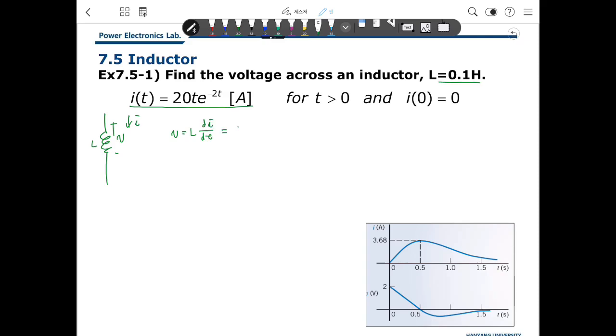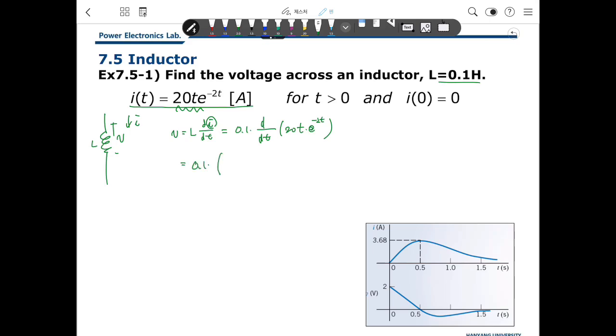So we know that with L of 0.1 and di/dt, the current is this equation, 20t e to the minus t. So it's very simple.